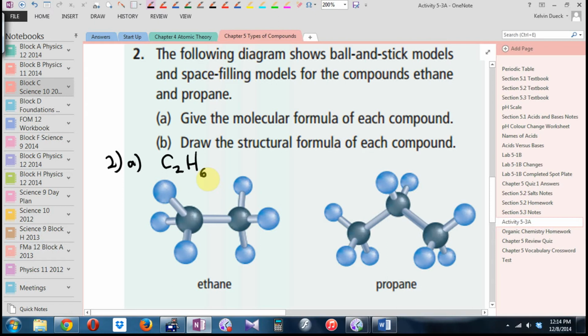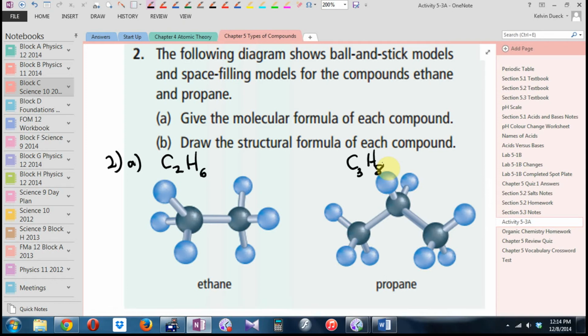I don't write that as C1H3. Looking at this ball and stick model, what's the chemical formula for propane? How many? 3. H8. That's the molecular formula that I'll ask you to give me on a test.